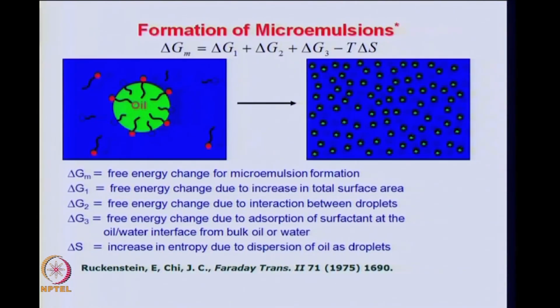So, the thermodynamics of the formation of microemulsions can be explained by writing the free energy terms. So, delta G m is the free energy change for the formation of the microemulsion, and that is equal to the free energy change due to the increase in total surface area.